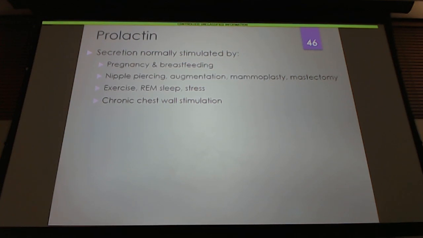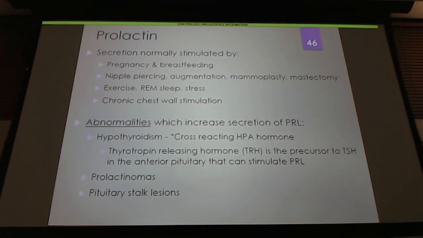You can tie this normal physiology into clinic. We have abnormal causes, right? So prolactinoma, that's the topic we're in, a prolactin secreting adenoma in the pituitary. That's what we're going to focus on. And then hypothyroidism. This is our first discussion of the cross-reacting hypothalamic pituitary axis hormone.